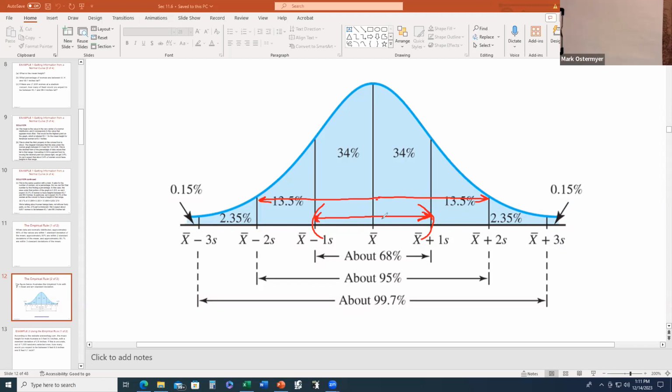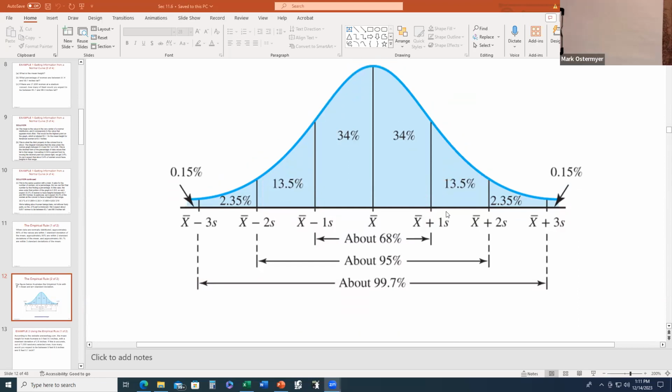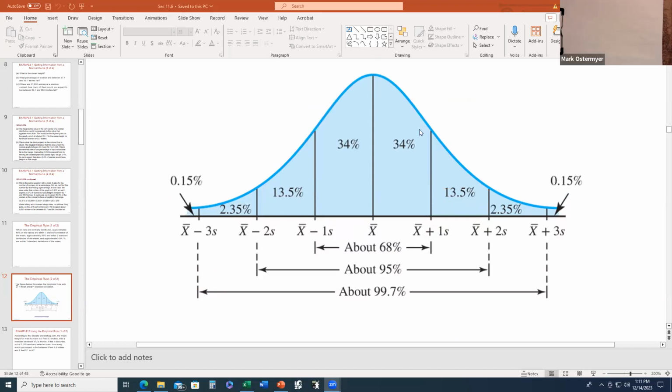So quality control is critical in industry, and the normal probability distribution is used in quality control to build what are called X-bar charts. Anybody that's maybe ever worked in quality control may be somewhat familiar with this normal distribution, but it is used. So there's a lot of use to this wonderful normal distribution and this empirical rule.